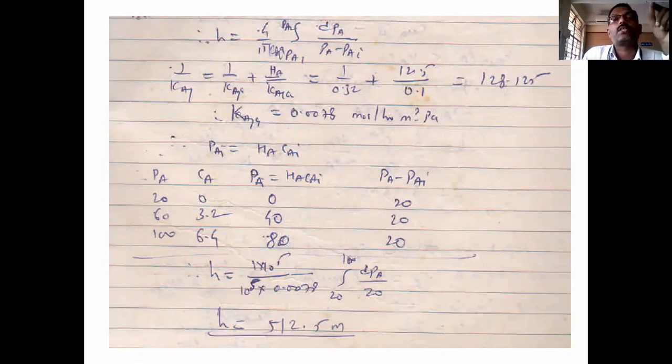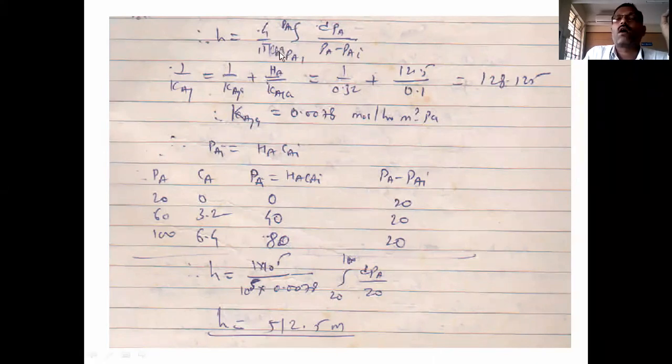Instead of this, we take PA star, and when we use the PA star, it is in equilibrium with the bulk of the liquid, then we use the overall mass transfer coefficient. If it is not in equilibrium, if we know the PI value, then we use the individual mass transfer coefficient here, KAG. You must know this concept.